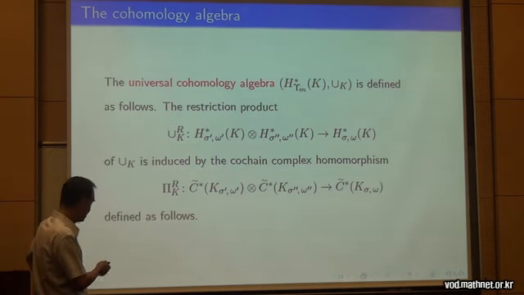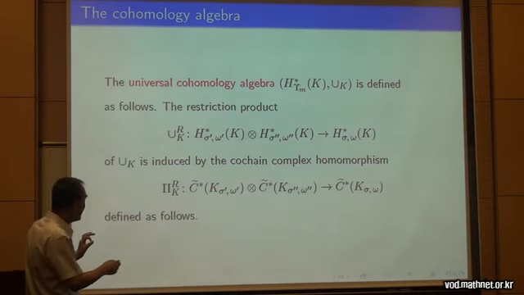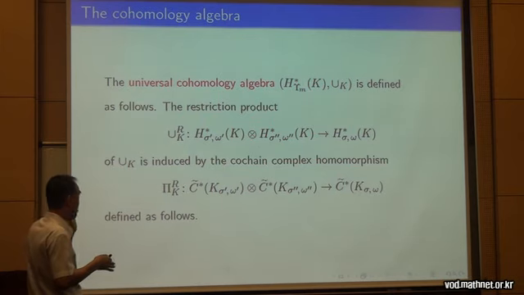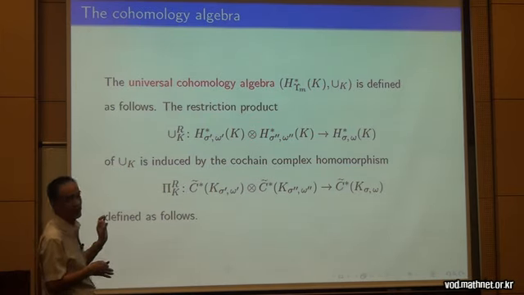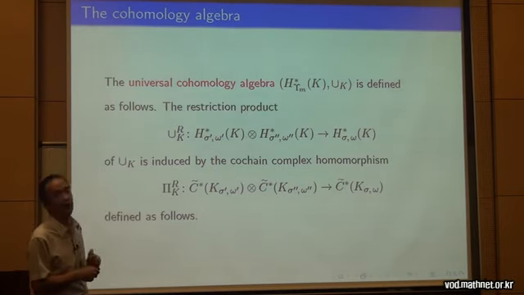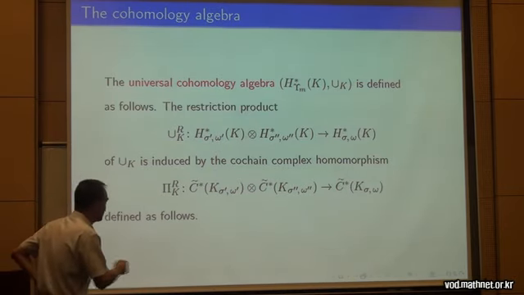The universal cohomology algebra of K is defined as follows. This is a little bit complicated, because this algebra structure is obtained from an algebraic approximation chain complex.